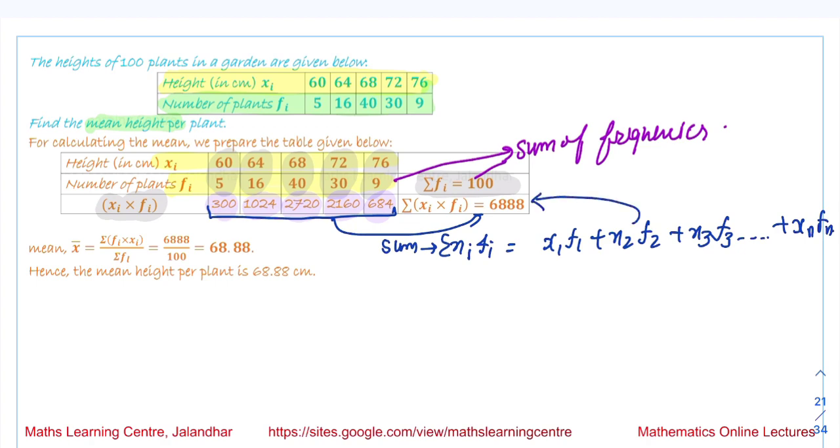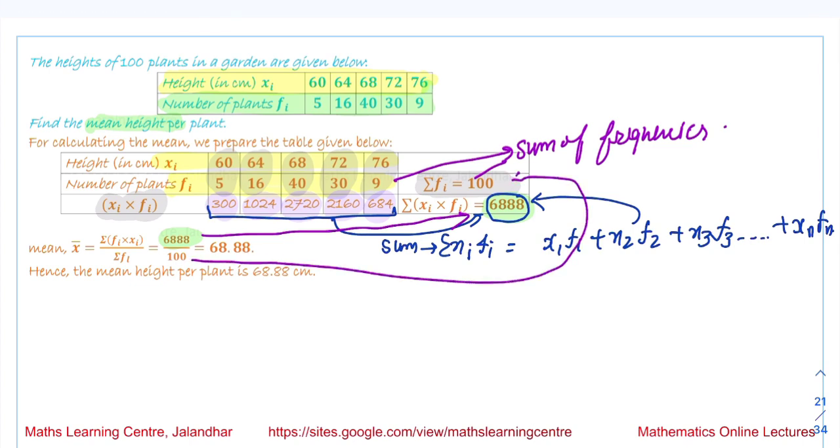So sum of all these values we get, it is 6888, and the answer that we will obtain from this, it is 6888 divided by the sum of the frequencies. So the final answer we will get, it is 68.88. That is, the mean height per plant is 68.88 centimeters.